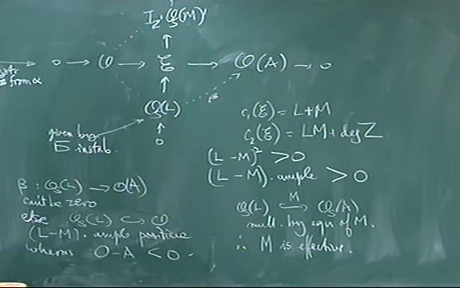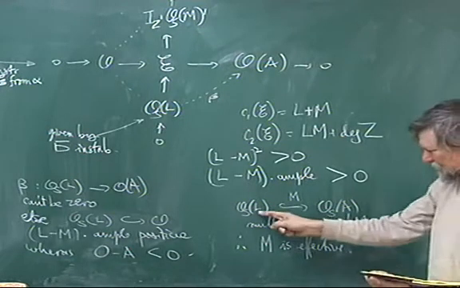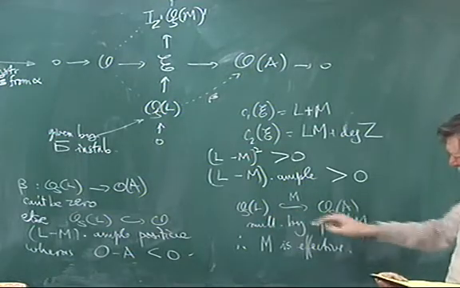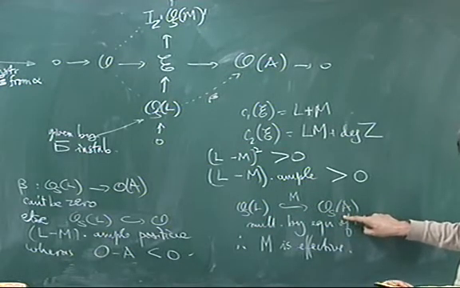You can have some cokernel. A line bundle maps into another line bundle, so one divisor is less than or equal to another divisor.